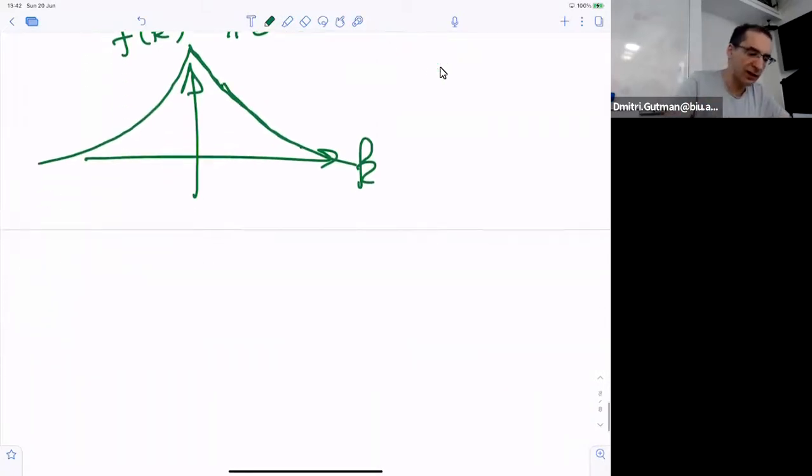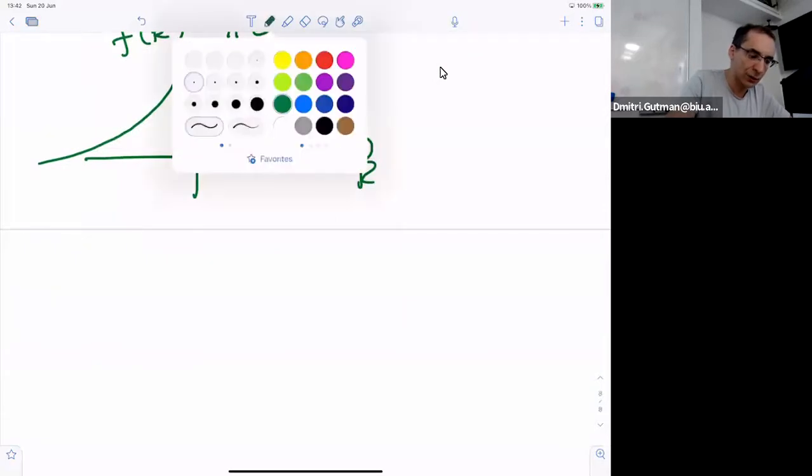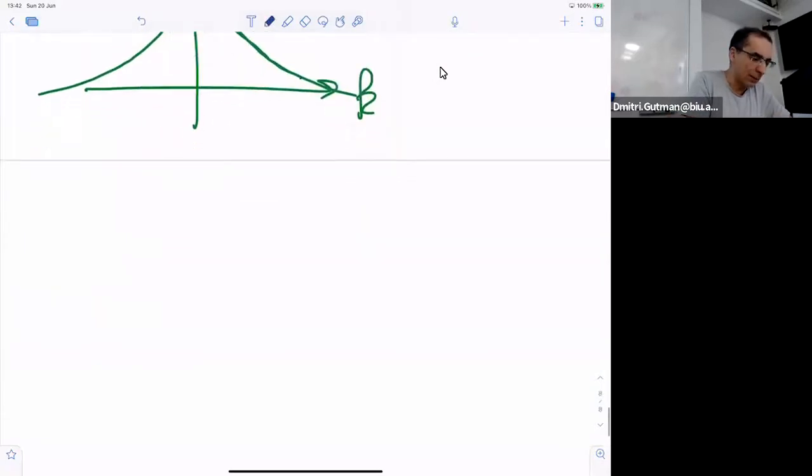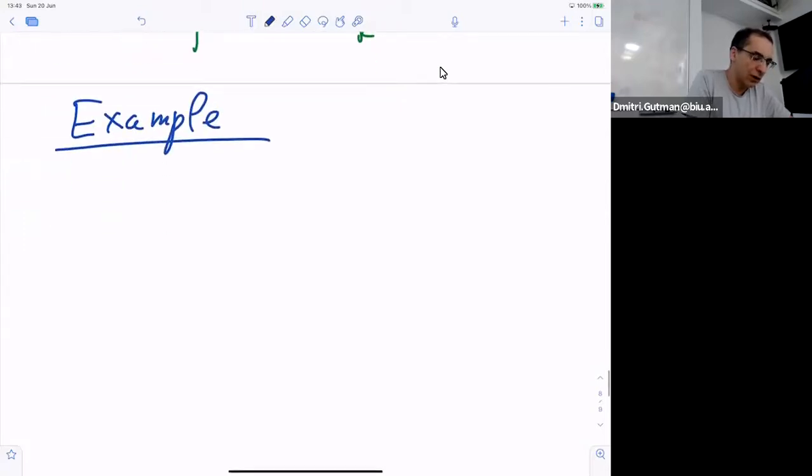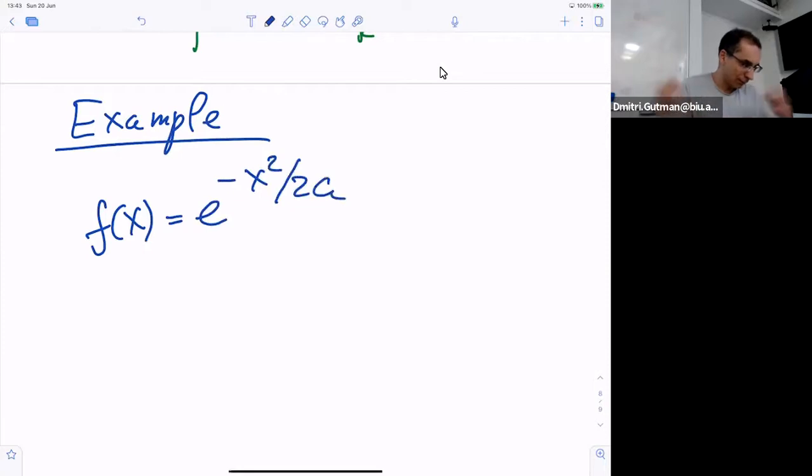Next, okay, so let's take another function and compute another example of computing Fourier transforms. Let's take a function f of x, which is exponent minus x squared over 2a. This function is called Gaussian.